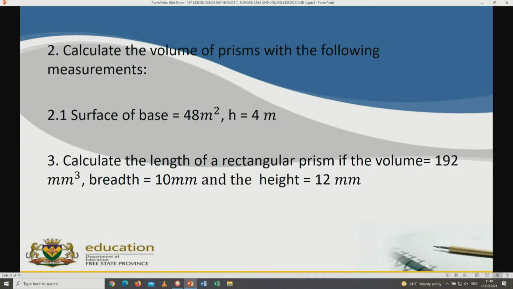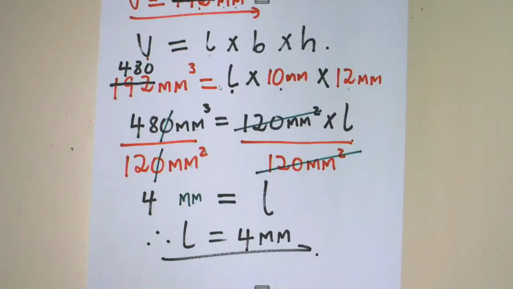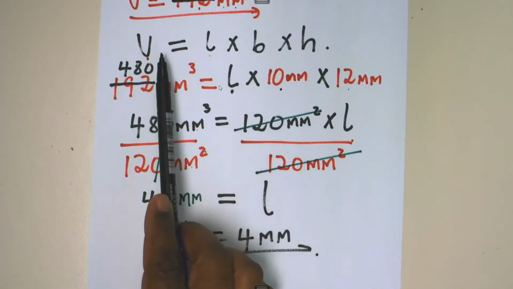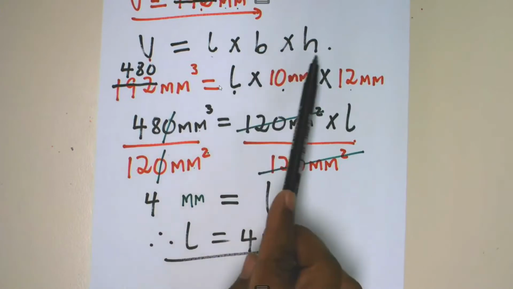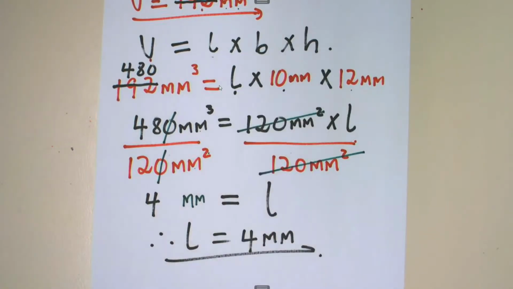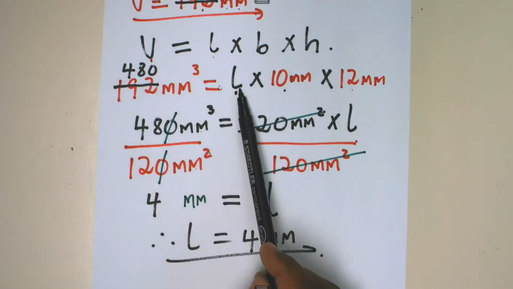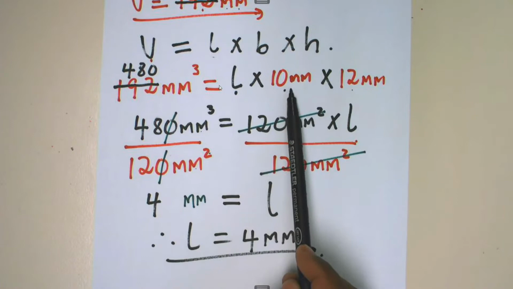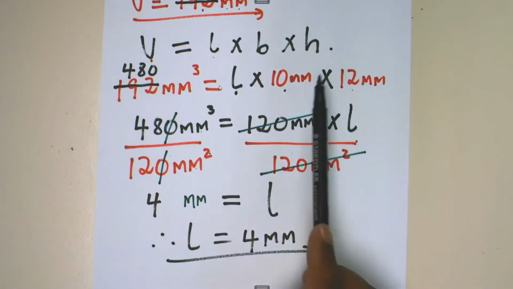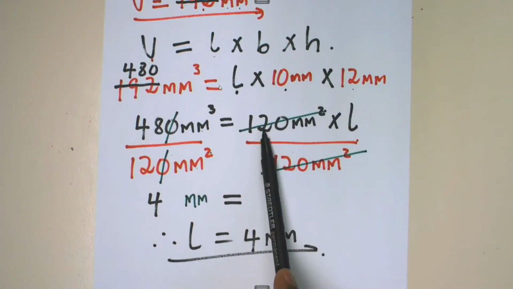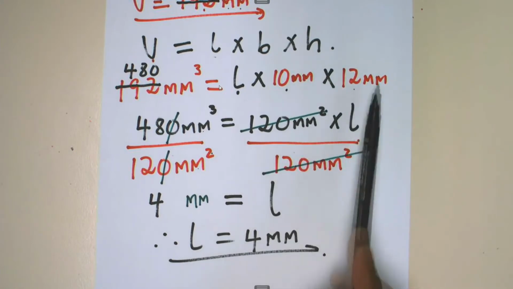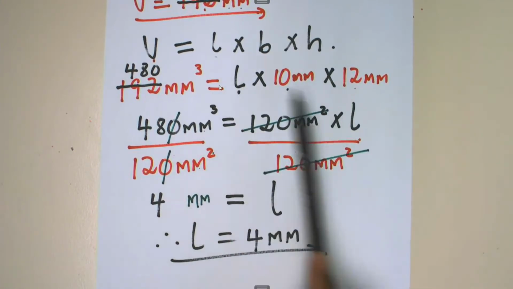Therefore, we put down the formula to say that that will be the volume, length multiplied by breadth multiplied by height, and then we said, now let us do the substitution. The volume is 480, length is not given, the breadth is 10, and the height is 12. Then 10 times 12 is 120, millimeter multiplied by millimeter, millimeter squared. Therefore, there is the L.